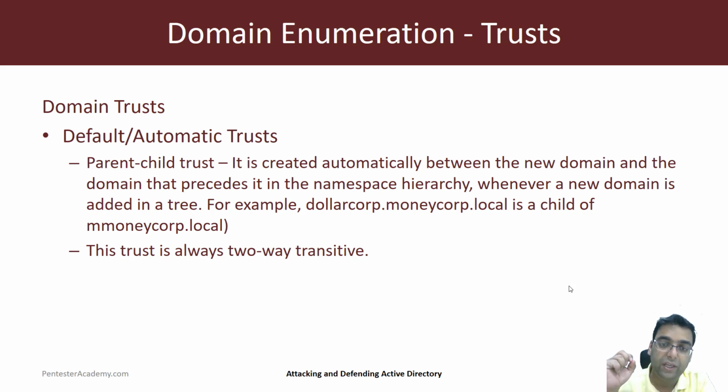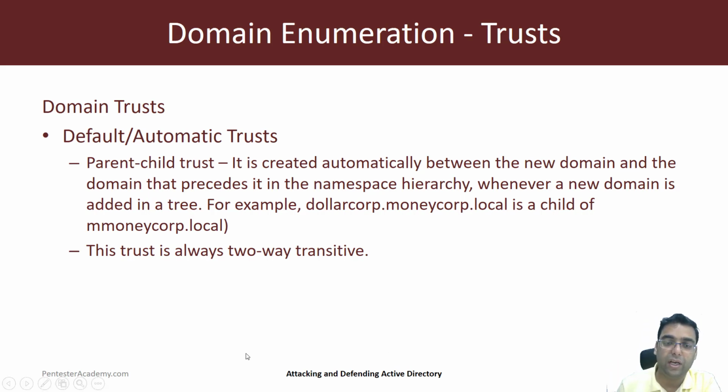What does that mean? That means that the trust boundary is the forest. Within a forest, if there are multiple domains, all of the trusts between those domains would be automatic. There is no need to manually establish the trust. And this trust would always be a bidirectional, or two-way, transitive trust.